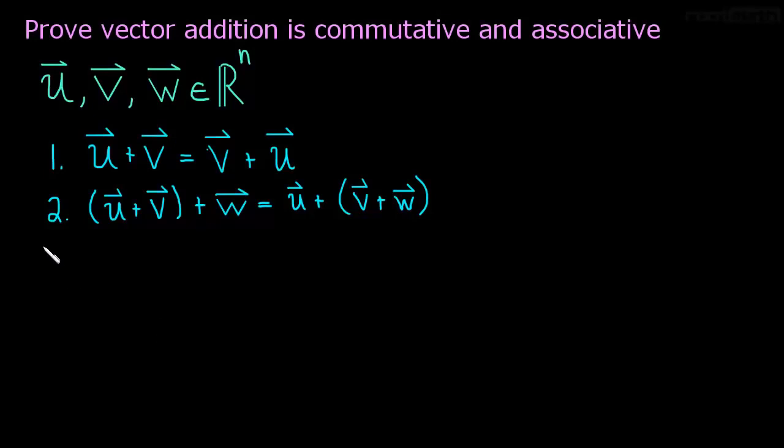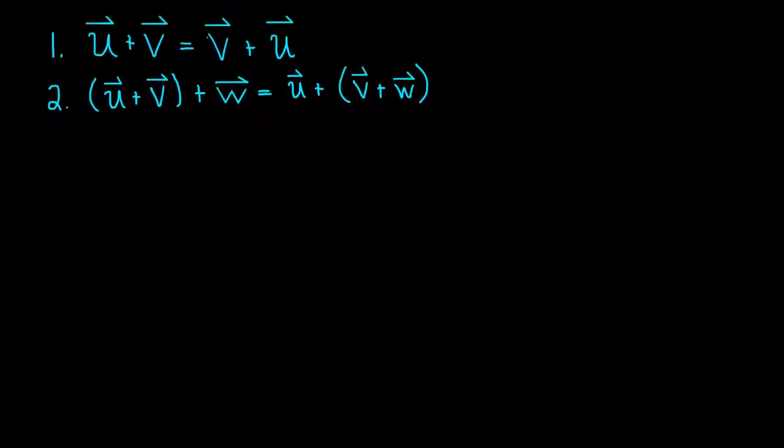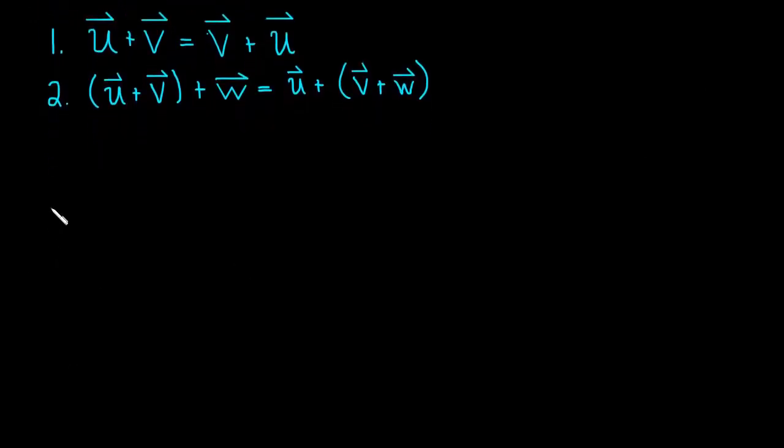Okay, so how are we going to do this? First of all, let's just start with u plus v. So here's u plus v. And what is this equal to? So what's the definition of vector addition?